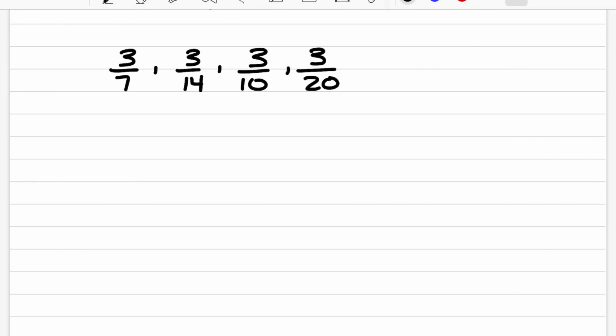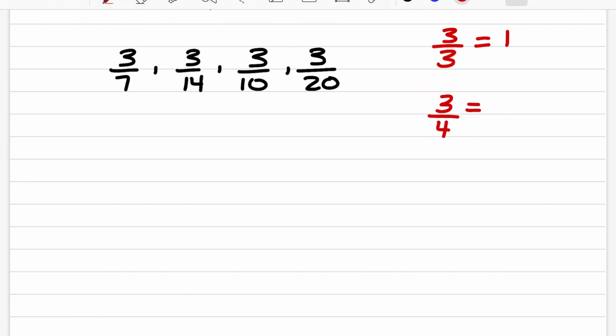Okay, so what we want to know about fractions here is that the closer the denominator, which is the bottom, and the numerator, which is the top, are to each other, the closer they are to 1. Right, for example, if we had 3 over 3, that's division. 3 divided by 3 is equal to 1. Whereas if we have 3 over 4, let's say, the numerator on top is smaller than the denominator.